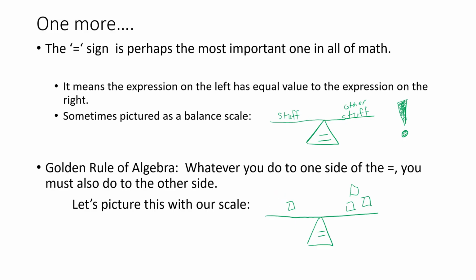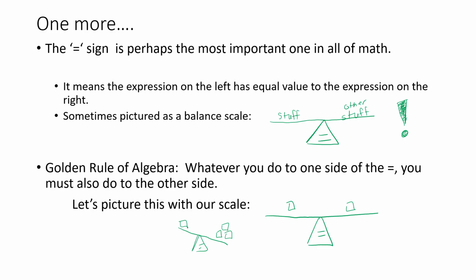Well, now, if I leave that as is, the scale is going to go like this, because I have removed something from one side of the equal sign and have not removed it from the other side. So the golden rule of algebra says if I take 2 blocks from the left-hand side, I also must take 2 blocks from the right-hand side in order to preserve that equality.